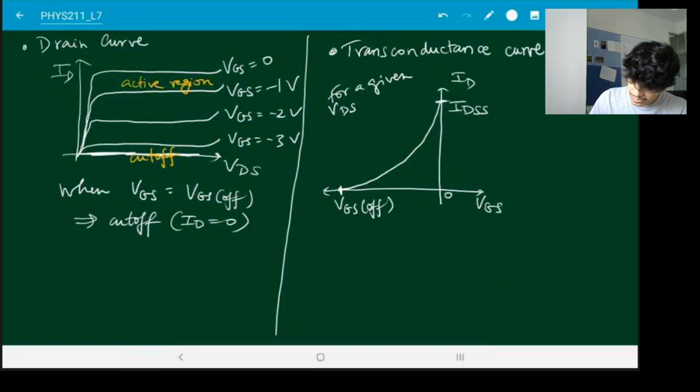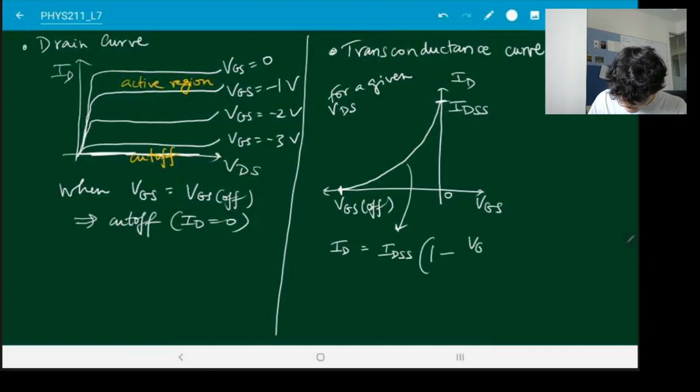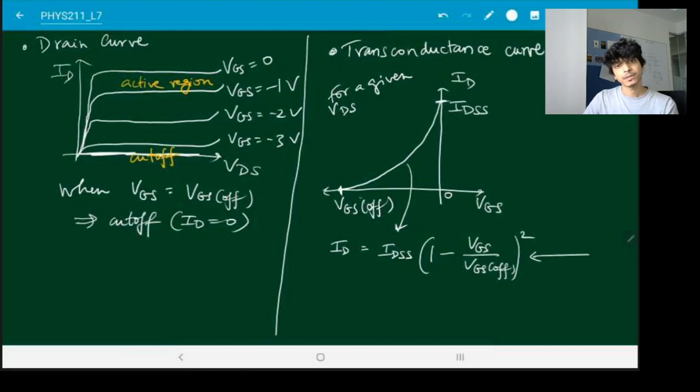So the equation of this line is ID is given by IDSS times (1 minus VGS over VGS off) the whole squared. And this formula or this curve on this graph is specific to a given JFET.